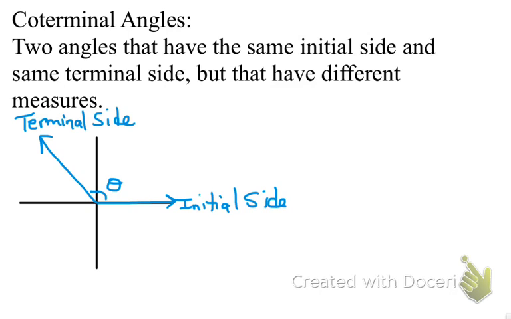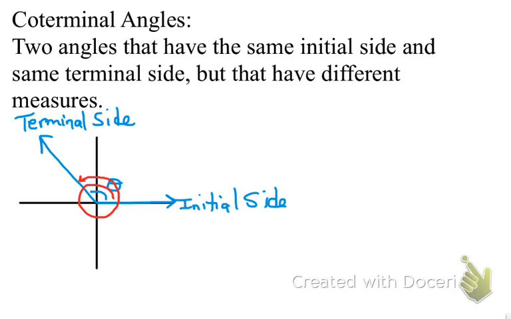Well, a couple different ways. The first is, if I draw my angle in standard position with the initial side the same, but I don't stop at the terminal side the first time, I can draw an angle that goes all the way around once, and then on the second time stops at the same terminal side. So we've started at the same place, we've ended at the same place, but this angle is much larger than theta.